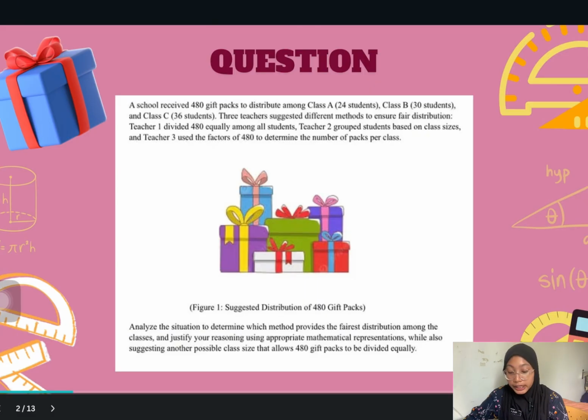Figure 1 is the suggested distribution of 480 gift bags.